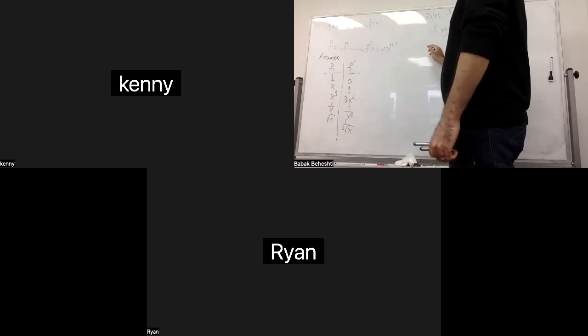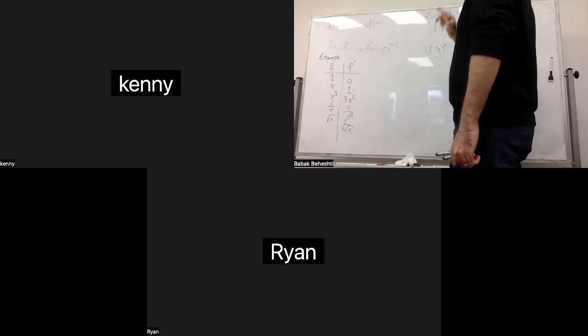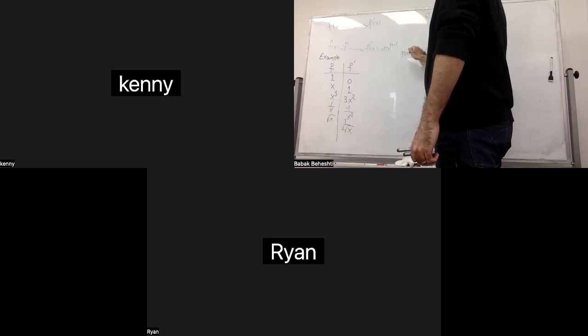What about the product? This is f times g, multiplication. So this is the addition, this is the multiplication. This is called the product rule.